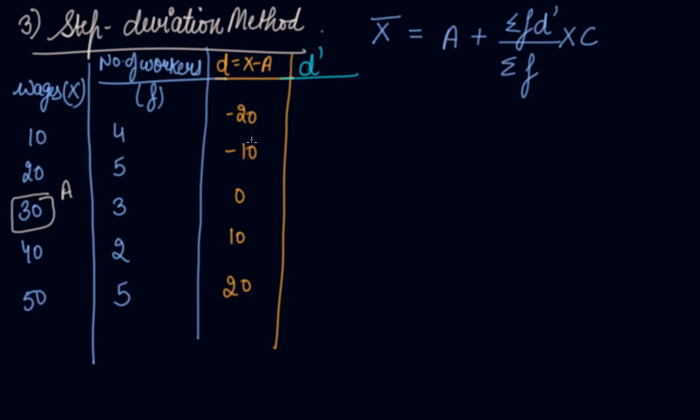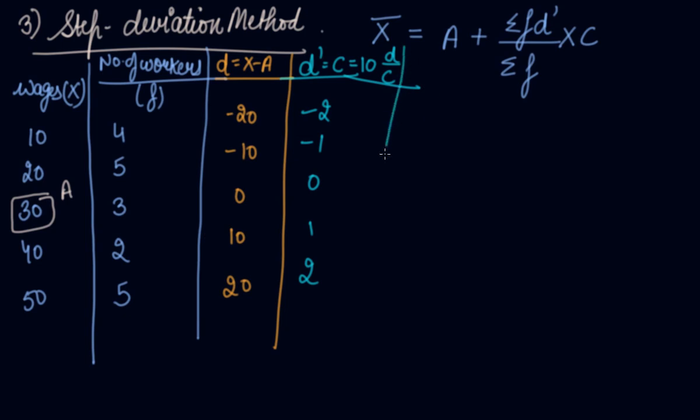See, what is the common factor between 20, 10, 0, 10 and 20? That is, I guess, 10. So C you will take as 10. Now you divide by C, then you will get d dash. So you divide by your common factor, giving -2, -1, 0, 1, 2.